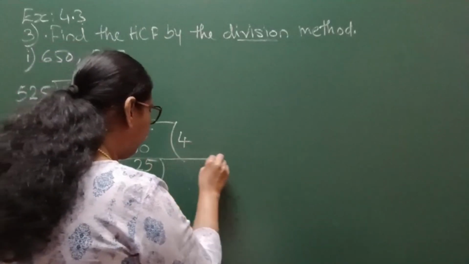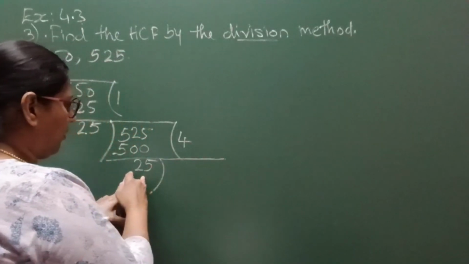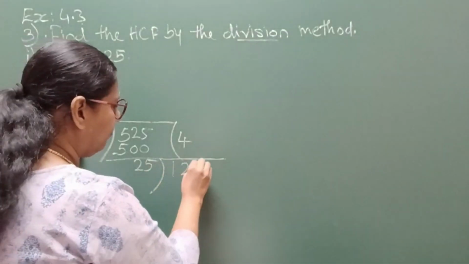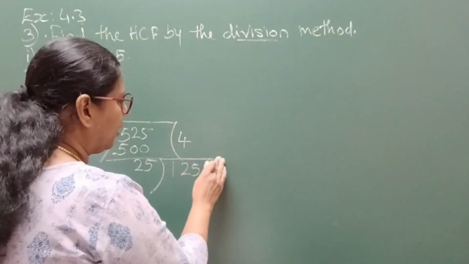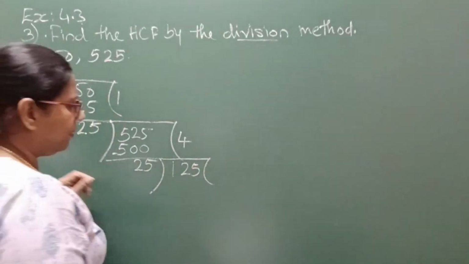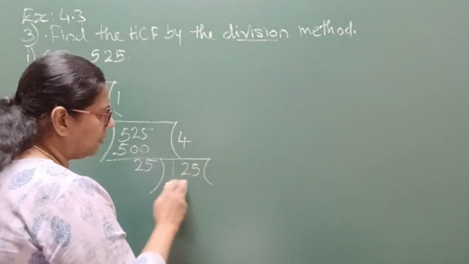Now this 25 will be our divisor and the previous divisor, that is 125, will be our dividend. Here 25, here 125.